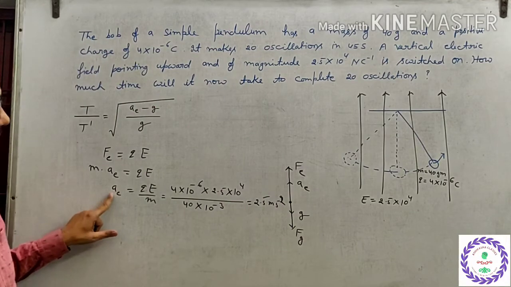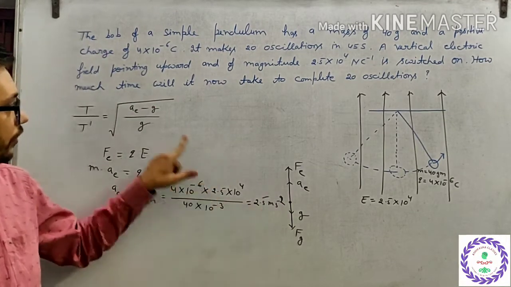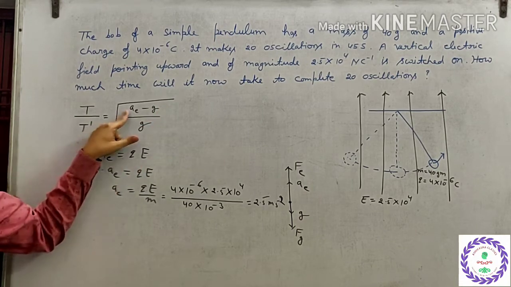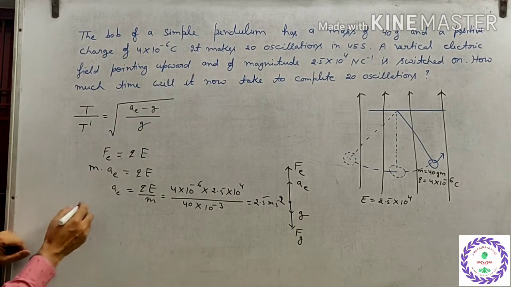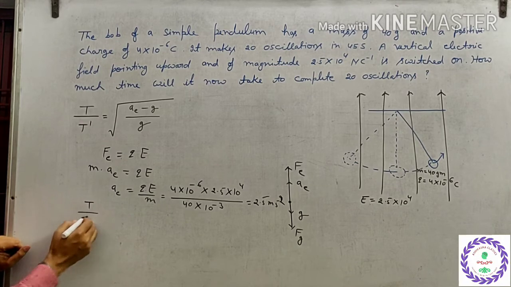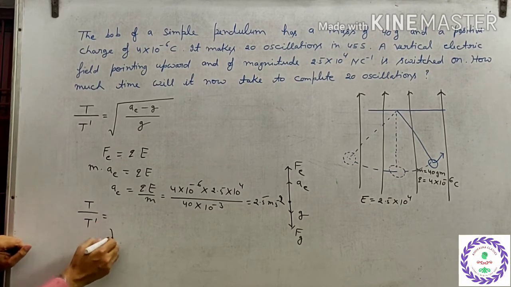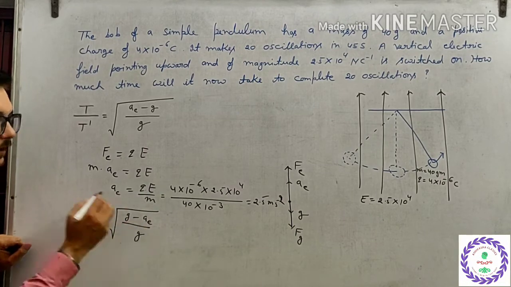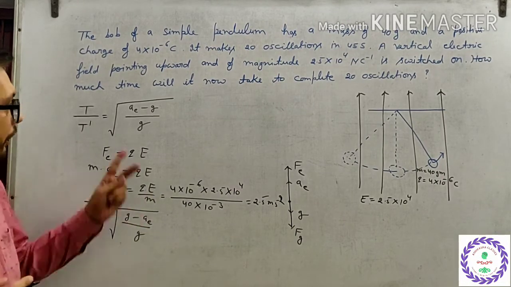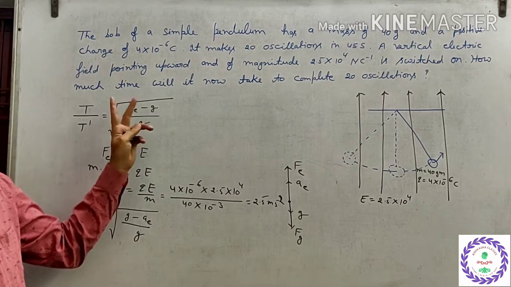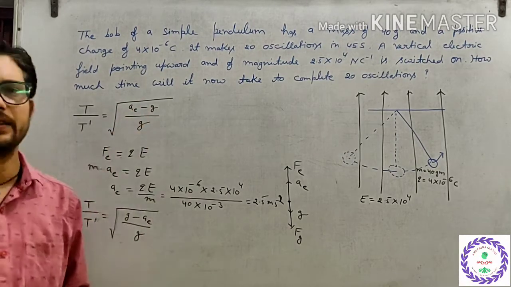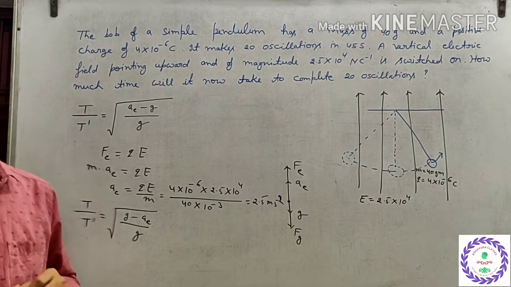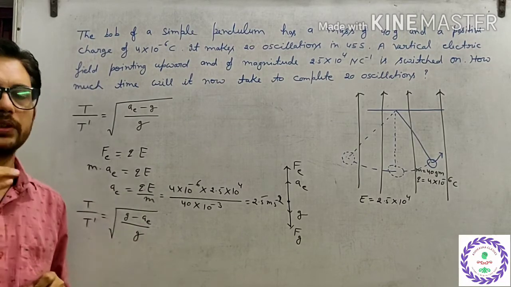So aE is 2.5 but g is 9.8. So we have to write here T upon T dash equals under root g minus aE upon g. Why we switch these two? Because acceleration, if negative, then it explains the direction of the motion.